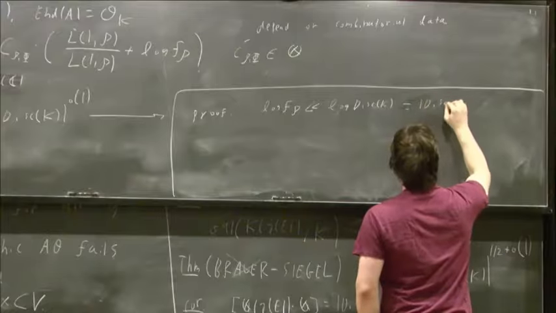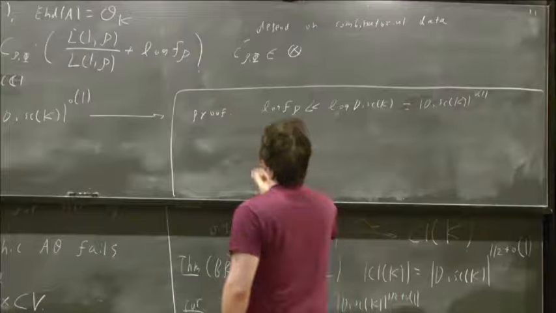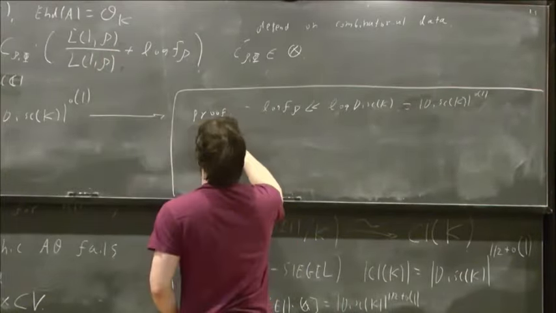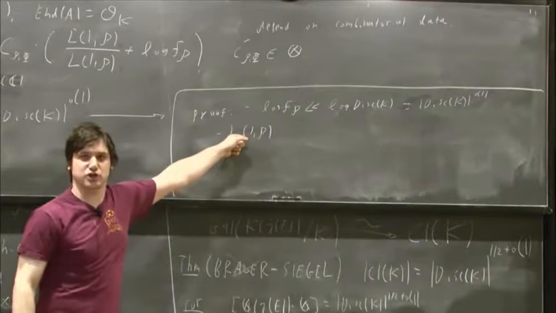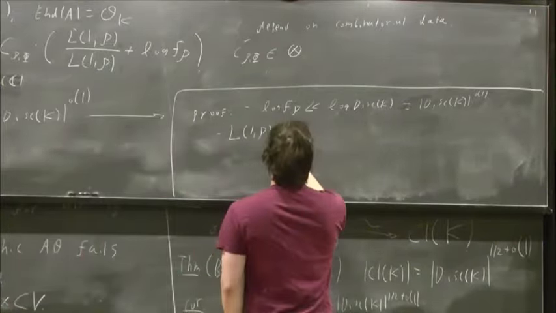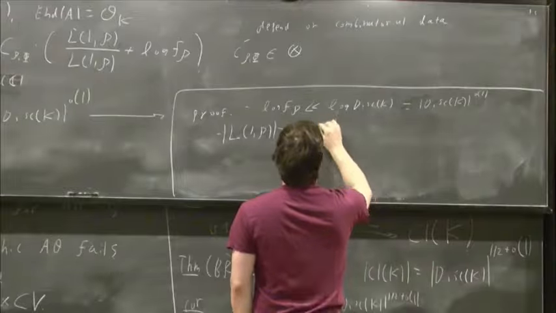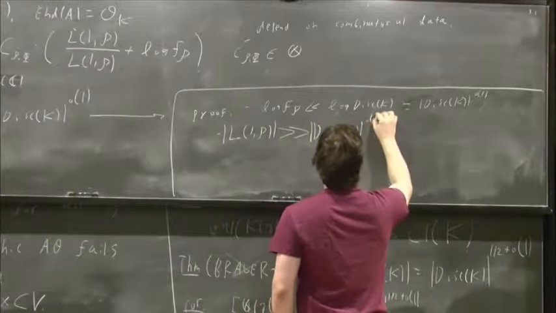So that's this term here. We need to bound this from above and this from below. So L(1, rho), this is actually the most subtle term in this expression, in absolute value is bounded below by the discriminant to the little o of 1.